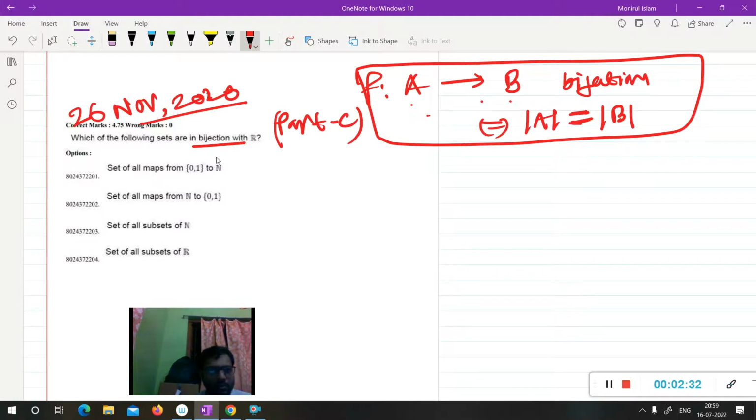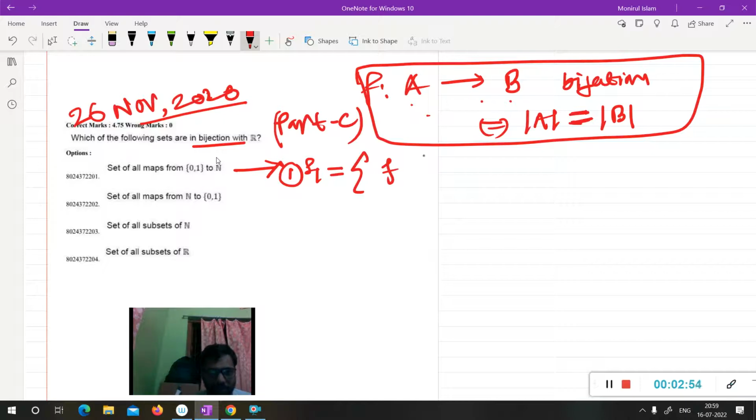So, which of the following sets are bijective with R? There are 4 options given. See what the cardinality of each set is. First you have to understand what the set is. I am naming it S1. S1 is nothing but the set of all maps f from the two-point set {0, 1} to N. I have discussed this mapping in a previous video.